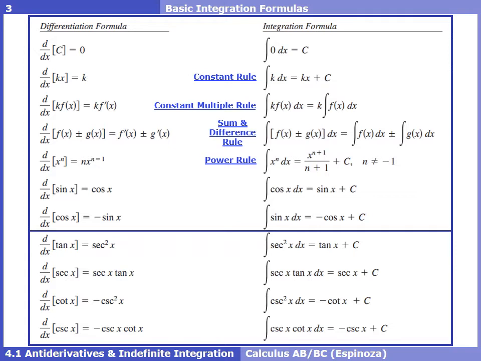Just like the derivatives, you're going to have these two basic trig integrals memorized. The integral of cosine is positive sine, so be very careful. The integral of sine is negative cosine. And again, please don't forget those plus c's. It's usually the one thing that'll get you into some trouble, because it's easy to forget to put that plus c.